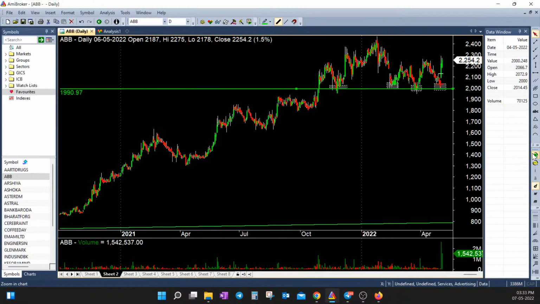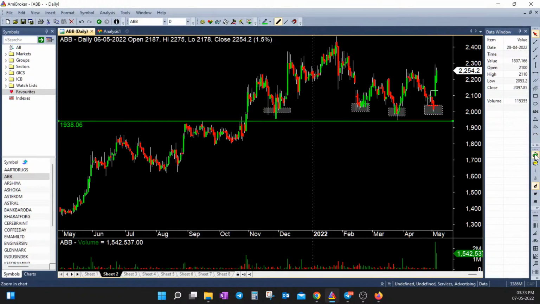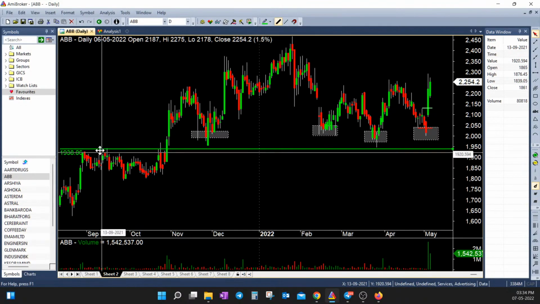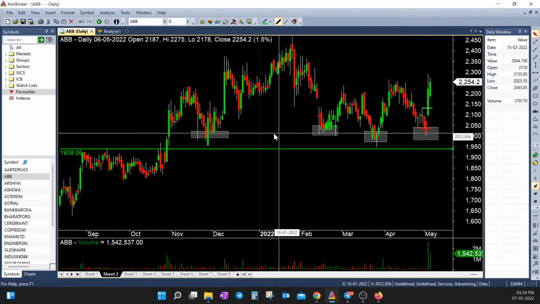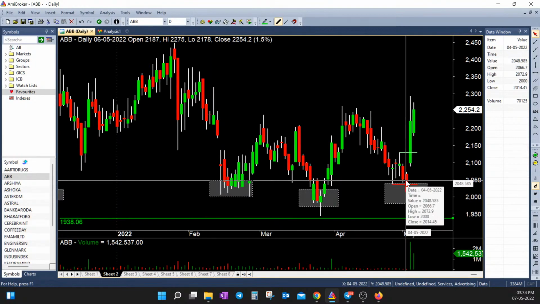Is it not? Well, if I bring this support line a bit below to cover the wicks, you can see before there was a resistance level, which now is acting as a support level. So you need to avoid this.